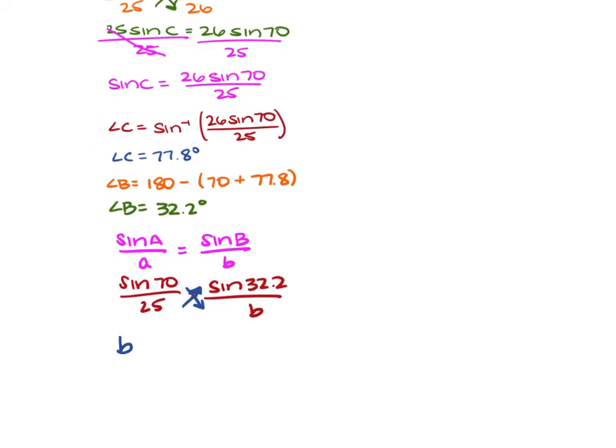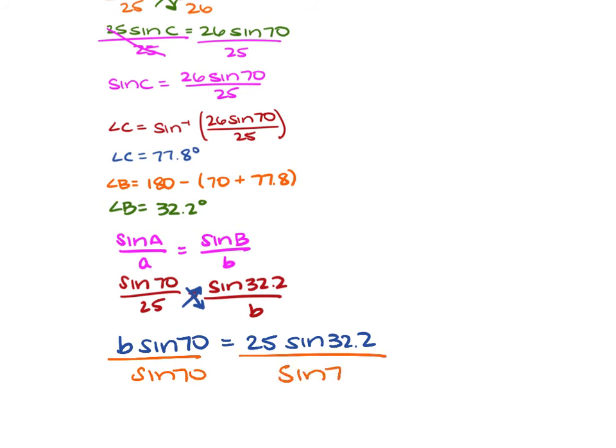So we're going to have B sine 70 is equal to 25 sine 32.2. Divide each side by sine 70. And we get B, use your calculator, 25 sine 32.2 divided by sine 70 gives us about 14.2.